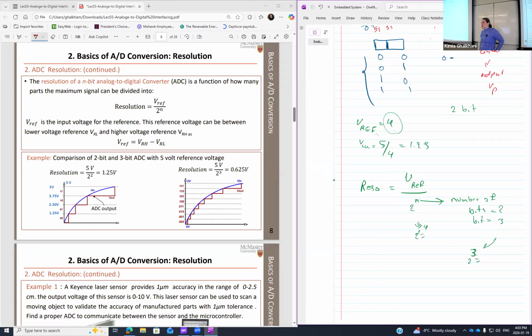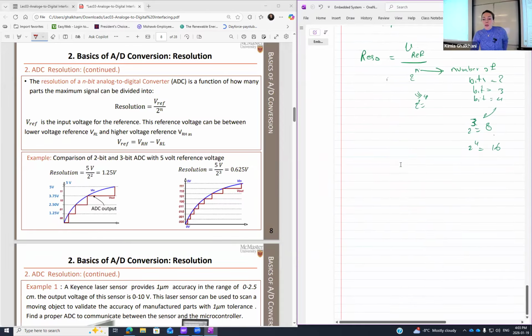To the power of 3 is what? 8. Then I have to start from 8. If I have 4, somebody tell me, should be 2 to the power of 4. Now you get the point. This is how you know what number you should pick for your reference to divide by.